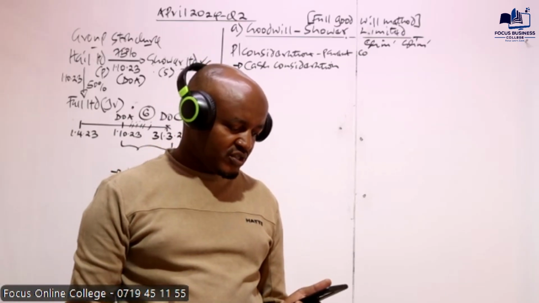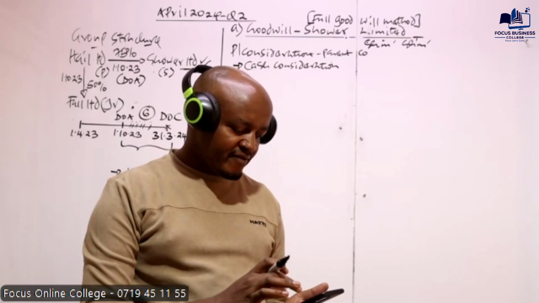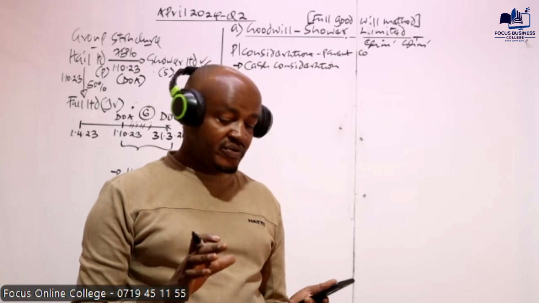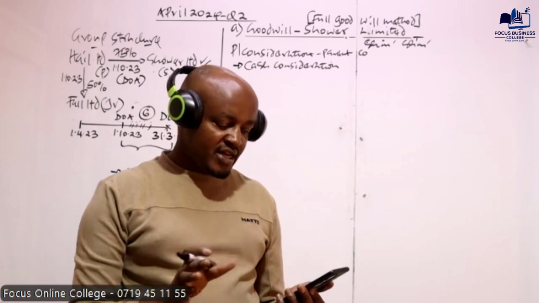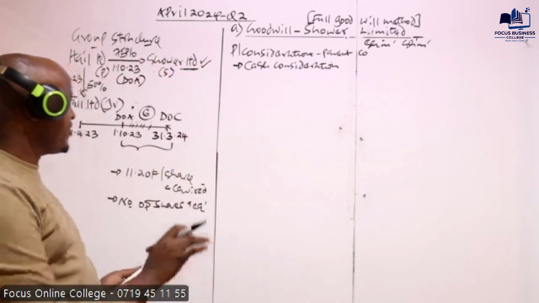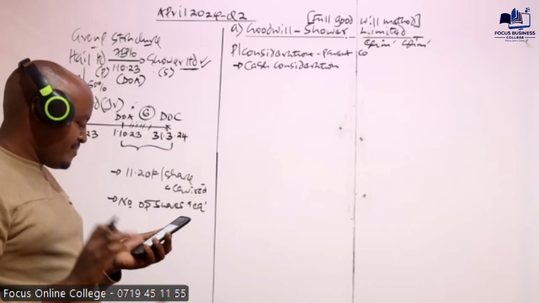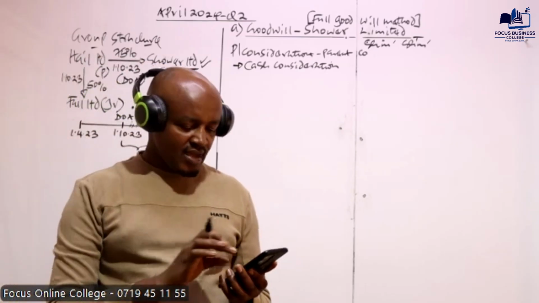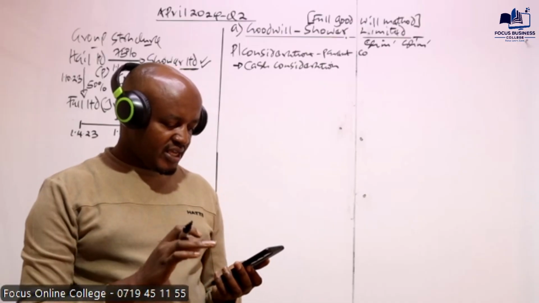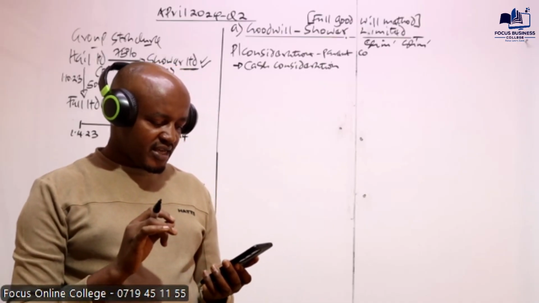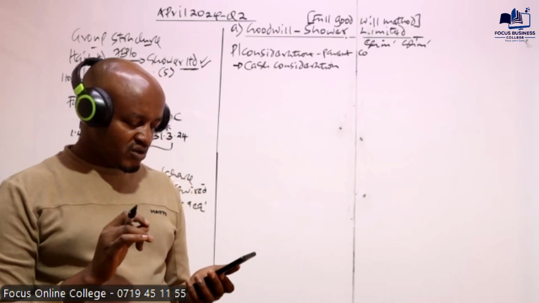If you check this question below paragraph 3, we only have the income statements of the 3 companies. Do we have the balance sheets of the 3 companies? No, because we said the number of shares you should get from the balance sheet and the equity. But above the additional information, we are told the equity balances of Shower at 1st of April 2023 comprised the following.